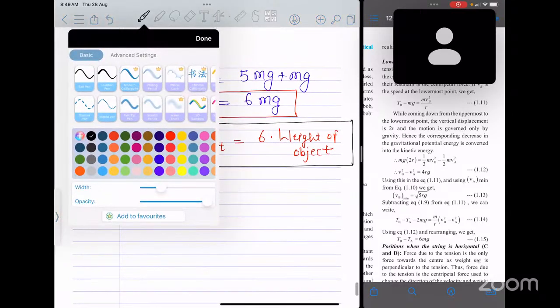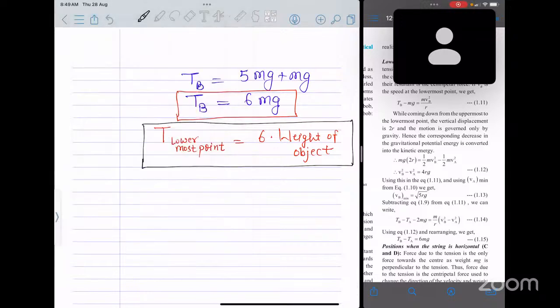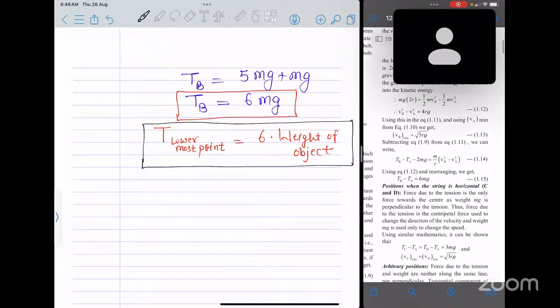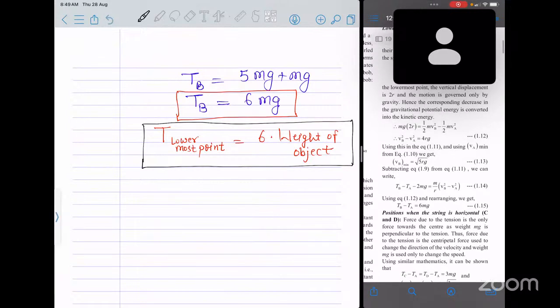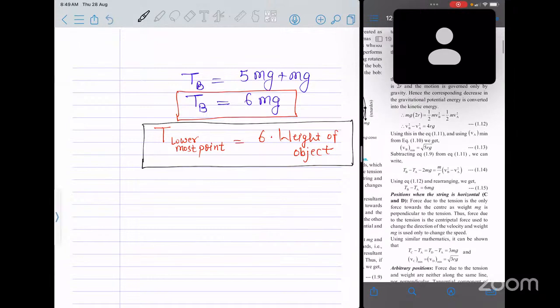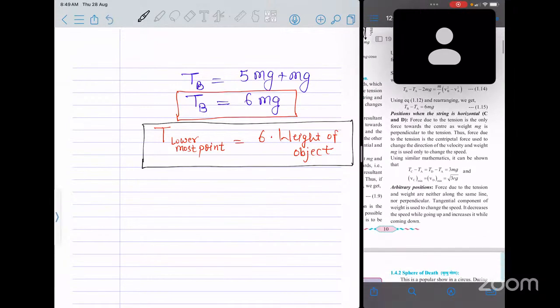Next condition. Next condition is the position when the string is horizontal, which means the string is at point C and D in the figure.